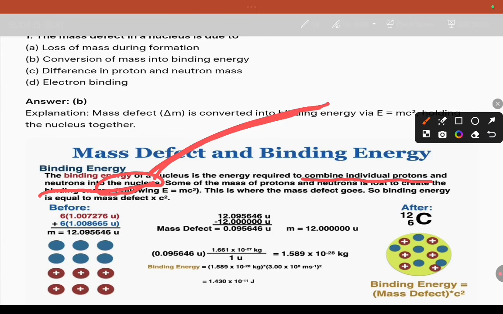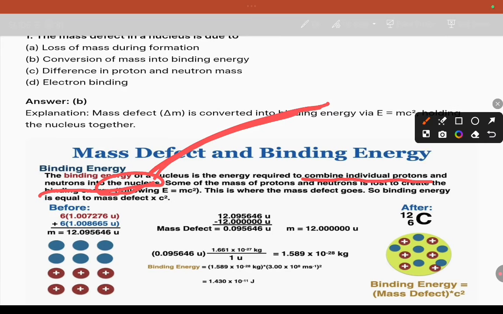Here we have an example of carbon. Carbon's atomic number is 6 and its mass number is 12, so carbon has 6 protons and 6 neutrons.